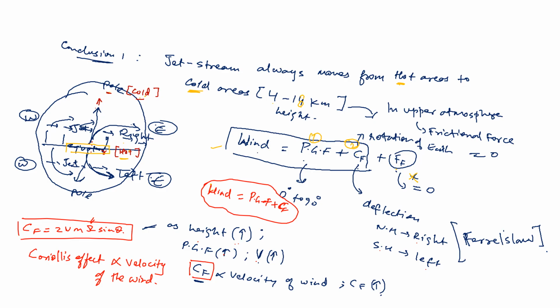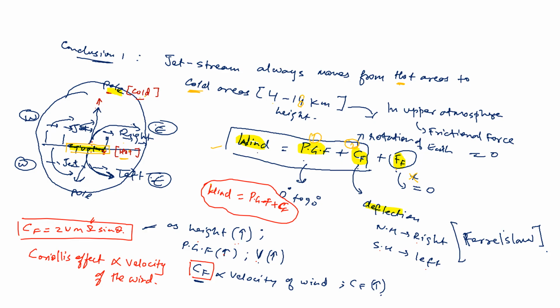We know total wind is a byproduct of three forces: pressure gradient force, Coriolis force, and the frictional force. In the upper atmosphere, wind is moving from equator towards pole because of energy difference, thermal contrast. Okay, but once the wind gains speed, it encounters the second force, deflection by the Coriolis effect.